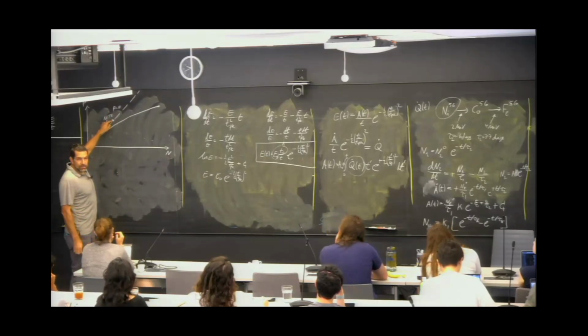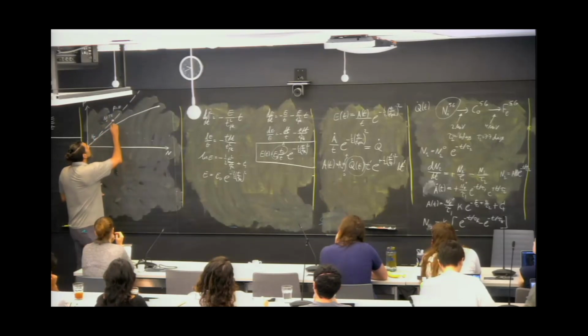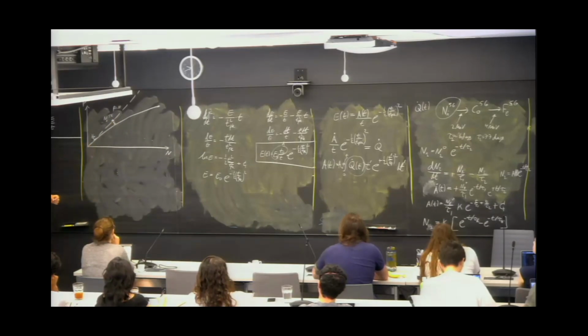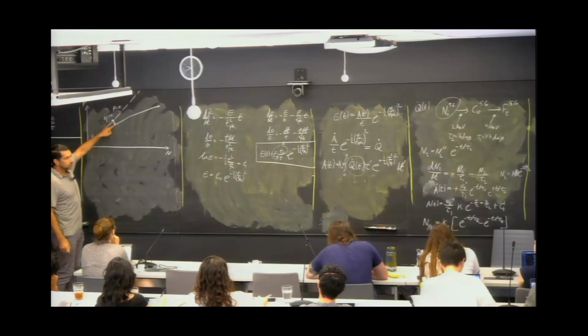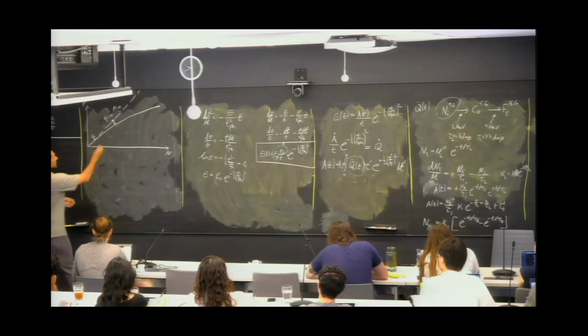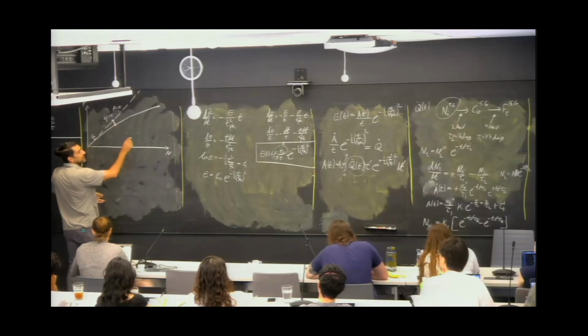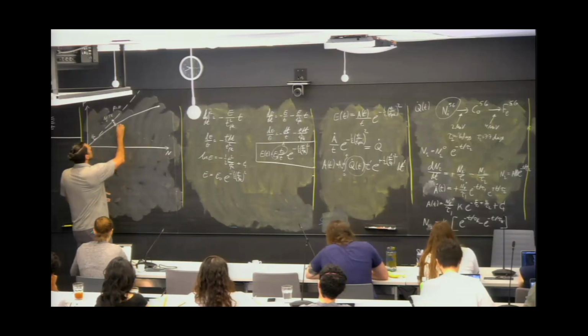Then this will decay back towards this value of stability. And this is the stable element. This is the iron 56. So the cobalt is here in the middle, and this is the iron 56.